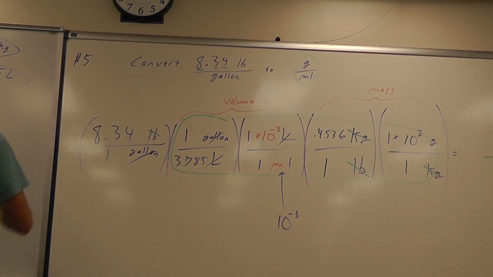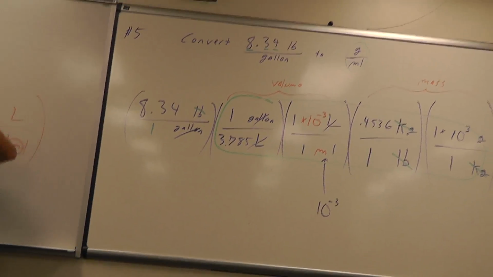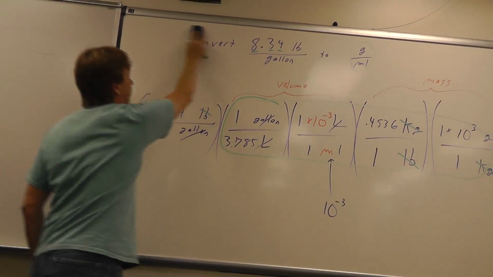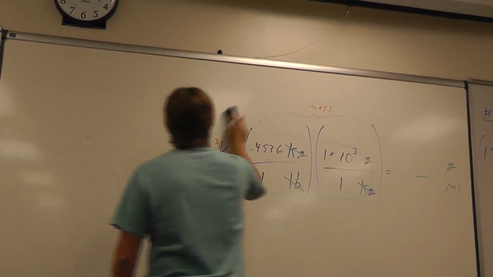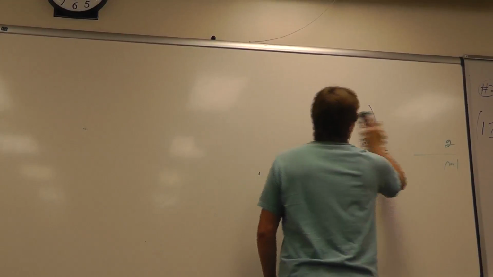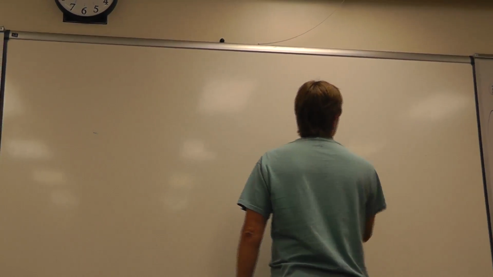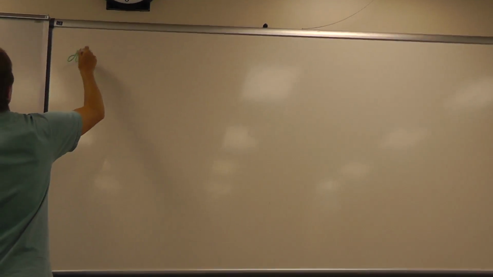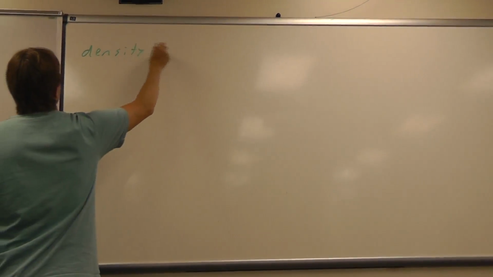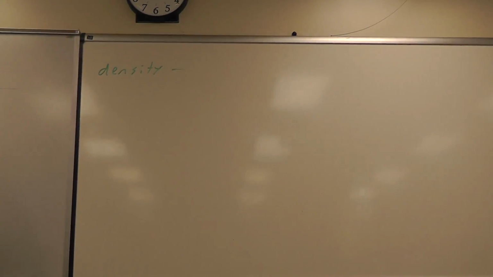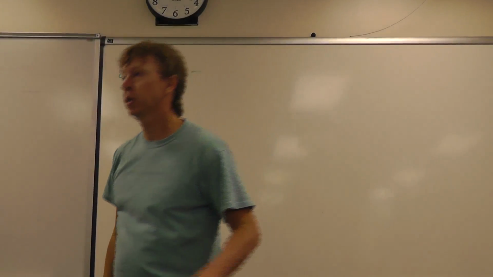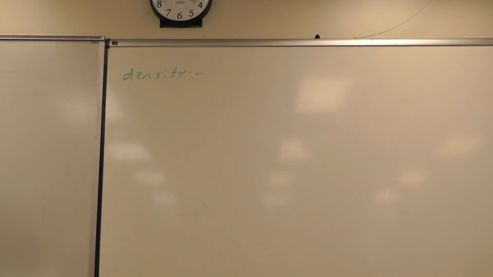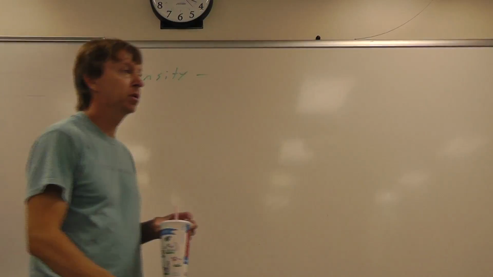Section on density. The other day when we first started talking about matter and energy and definitions for those, the definition for matter came out as anything that has mass and occupies space.